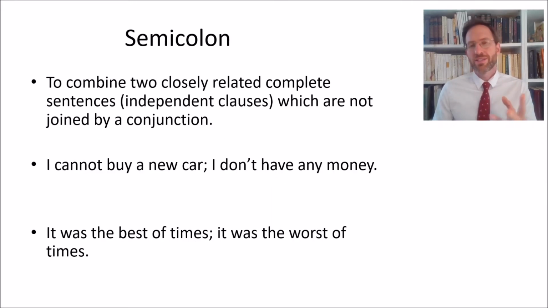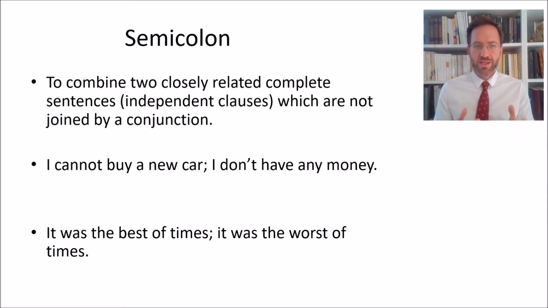So if you want to combine two closely related complete sentences which are not joined by a conjunction, especially when they relate strongly with one another. Here's an idea. I cannot buy a new car; I don't have any money. Two complete ideas. A period would also be grammatically correct, but to show that those two are combined, use of a semicolon combines those two ideas very nicely.